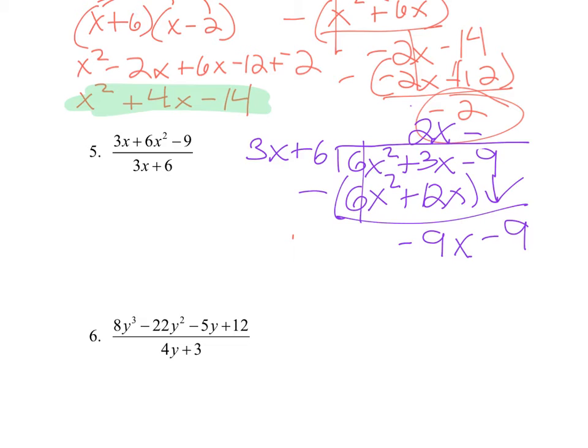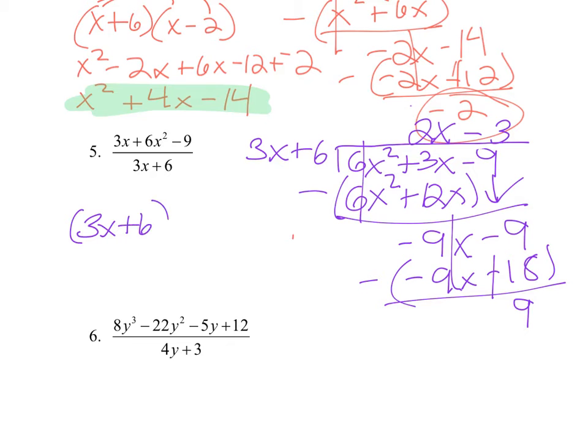I need a minus 3 because minus 3 times 3x gives me negative 9x. Minus 3 times 6 gives me a minus 18. When I subtract this, the 18 becomes positive, and I've got a positive 9. That's my remainder.